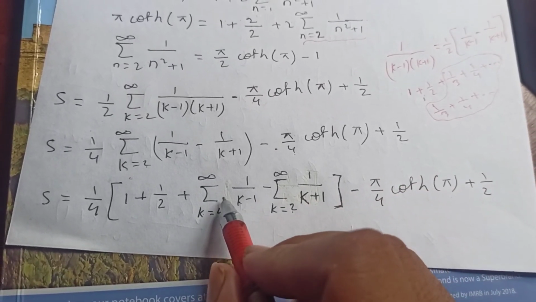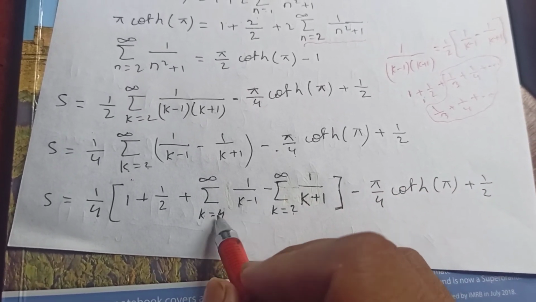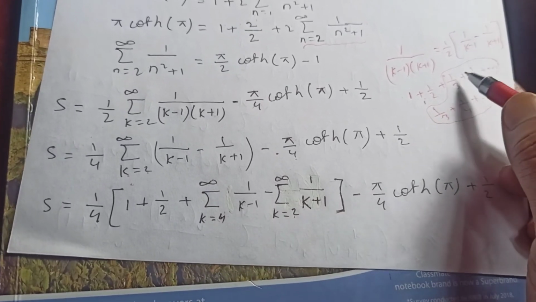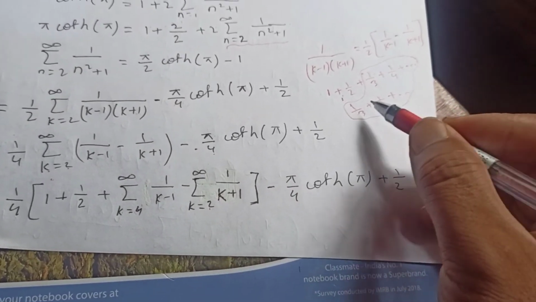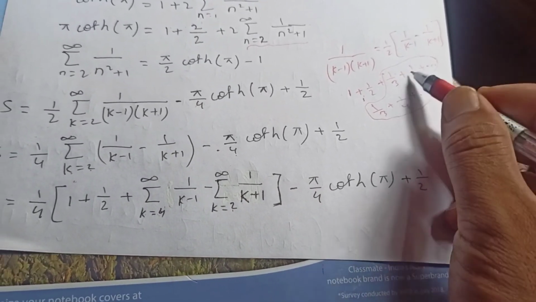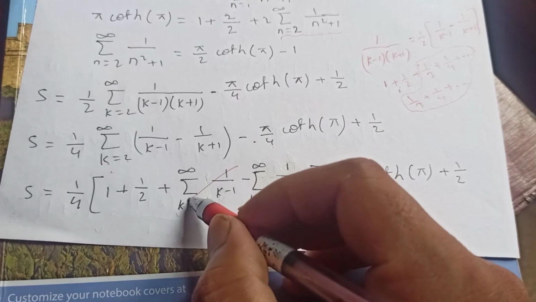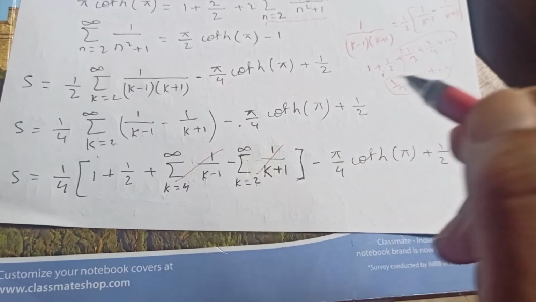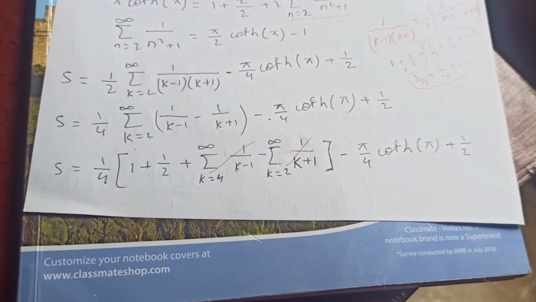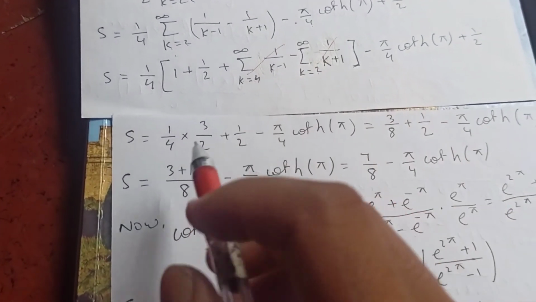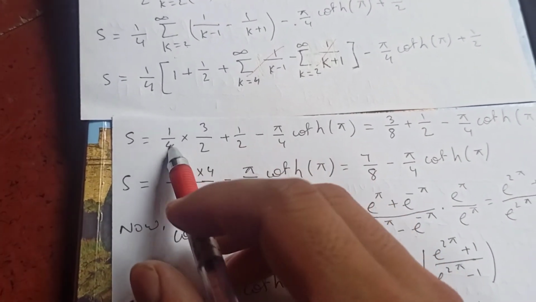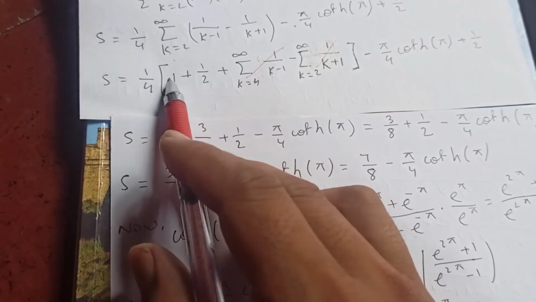Now this one will start from 4, so it will be 1 by 3 plus 1 by 4 plus and so on, and this will start from 1 by 3, right? Remember these two are the same thing but with opposite signs, so they cancel out. And then the continuation for this one is here.